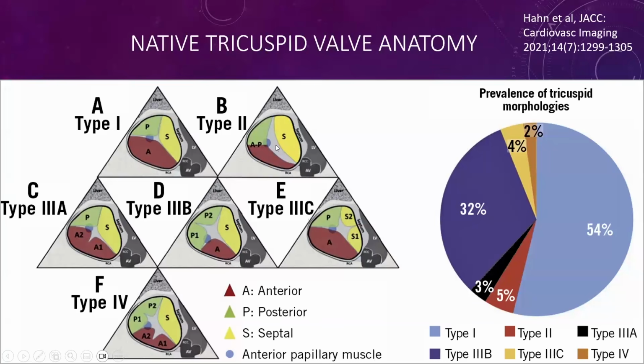This looks kind of like a mitral valve, but turned on its side. And then you can also have other morphologies where you have one anterior and 2 posterior, or 1 posterior and 2 anteriors, or 2 septal leaflets, or getting even more complex, 2 septal, 2 posterior, 2 anterior, or a variety of other combinations thereafter.